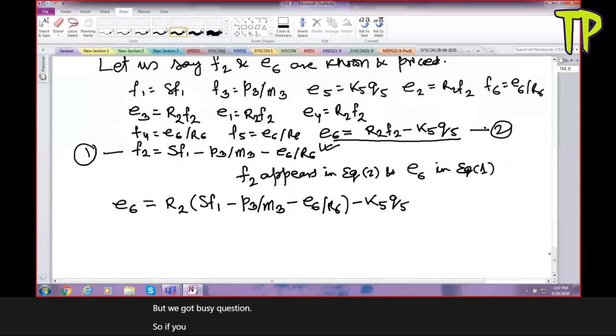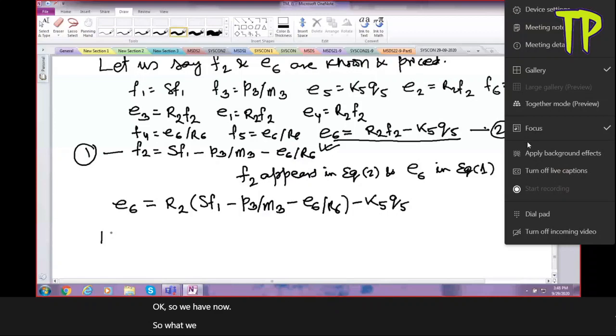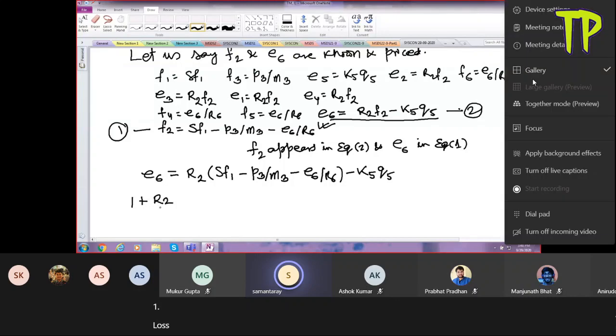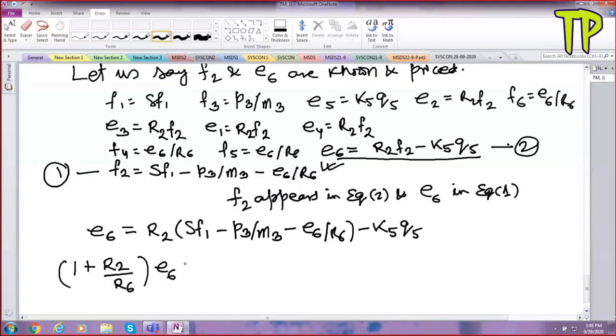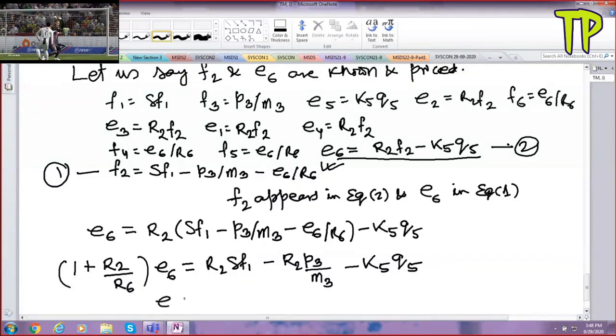So we got this equation. E6 has come on left and right, both sides. So we have now 1 plus R2 by R6 times E6 equal to R2 SF1 minus R2 P3 by M3 minus K5 Q5. So that's the simple solution. Now we get E6.